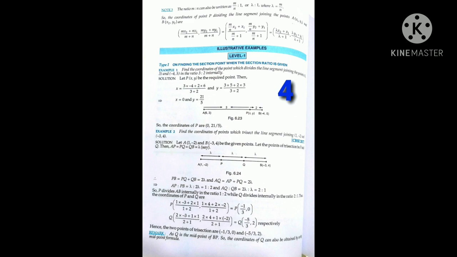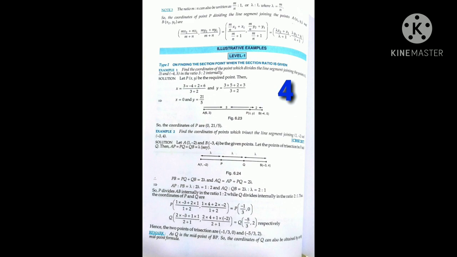You can say k also, any constant you can take. So as per the figure, we have PB is equal to PQ plus QB, that is twice lambda, and AQ is equal to AP plus PQ is equal to twice lambda.